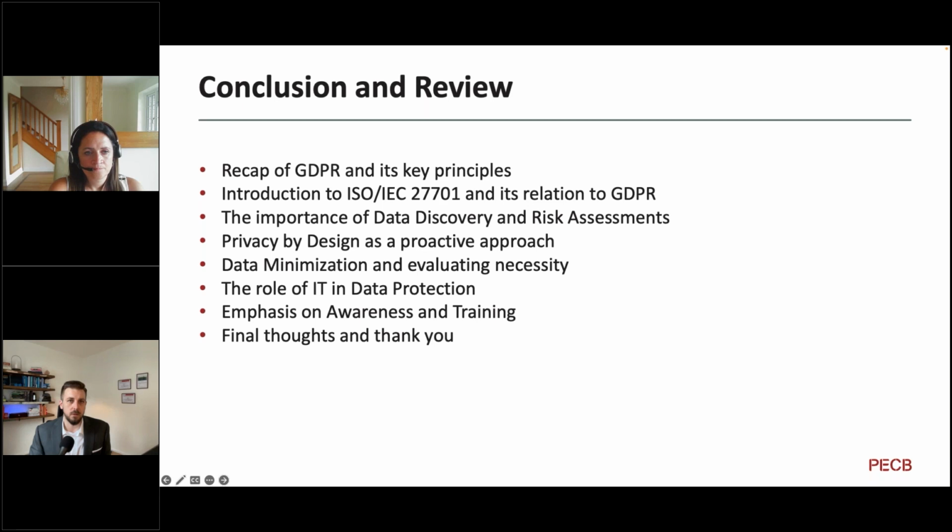They're not one and the same. ISO 27701 facilitates adherence to privacy regulations, but it's not a replacement or an attestation or certification that you de facto adhere to GDPR.